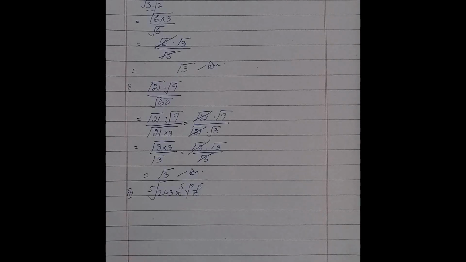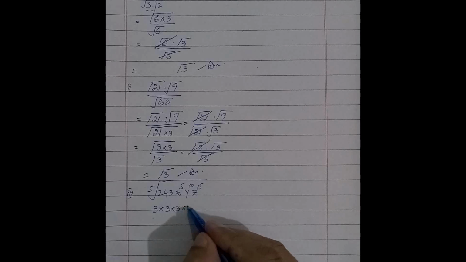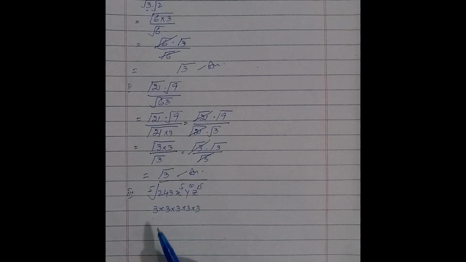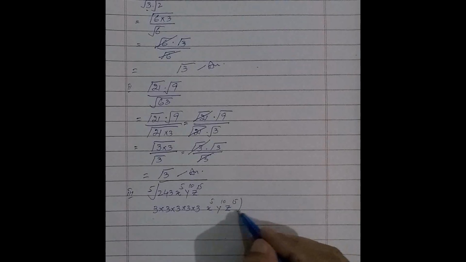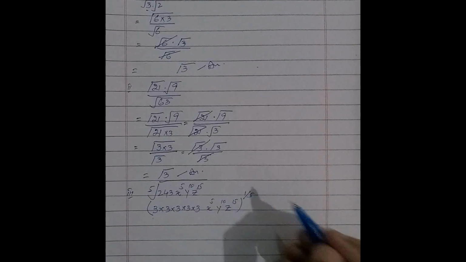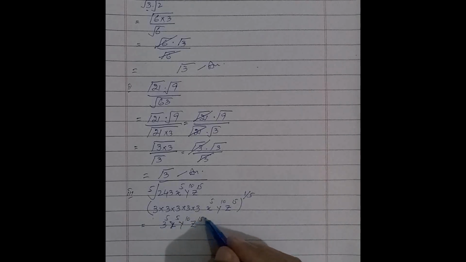And now we factorize these values. 243 is 3 multiplied by 3 multiplied by 3 multiplied by 3 multiplied by 3, which is the prime factorization of 243. x power 5, y power 10, z power 15, and for the fifth root we write it as power 1 over 5. Now simplify it. Counting 1 2 3 4 5, it is 3 power 5, x power 5, y power 10, z power 15, whole power 1 over 5.